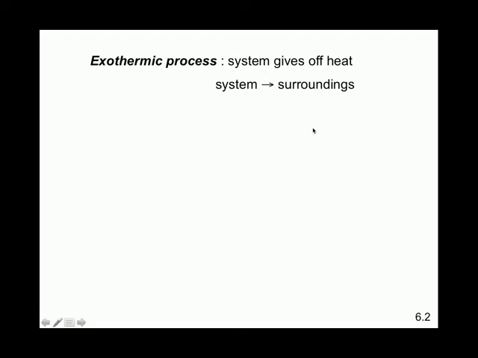Now in an exothermic process, we used this term before we discussed kinetics. In an exothermic process, a system gives off heat. And if we would take the temperature of that process as it evolved, we would see the temperature go up. And we say that the system then is losing heat to the surroundings. Now here's an example.